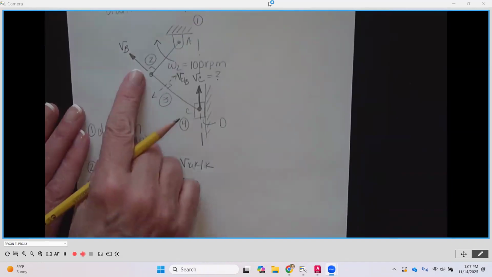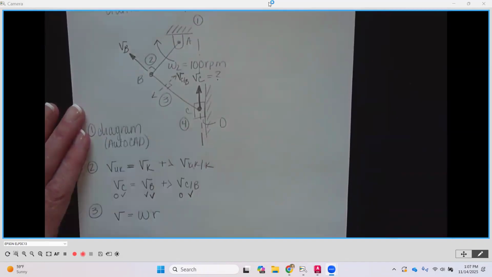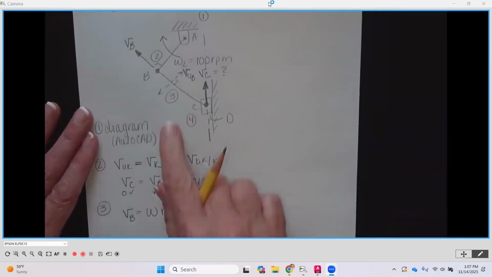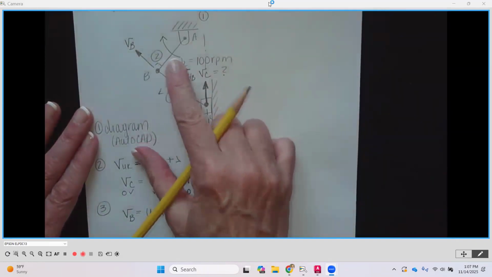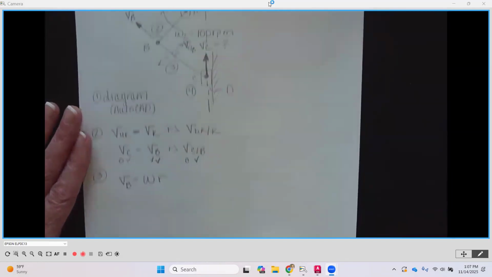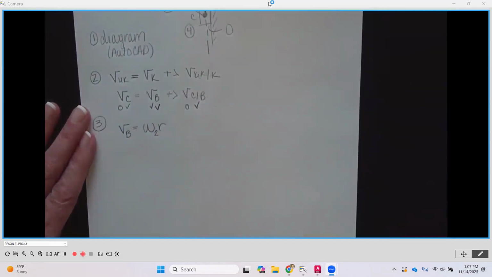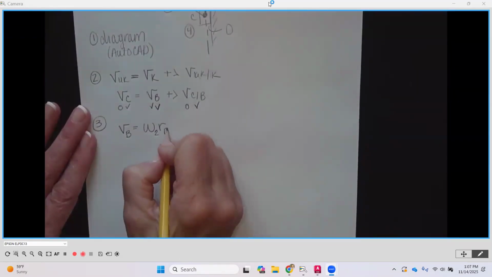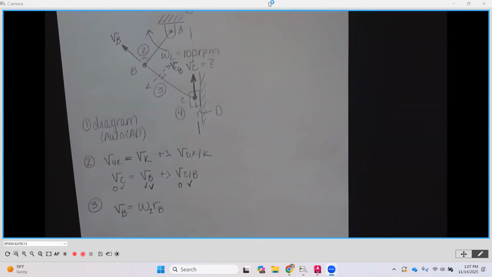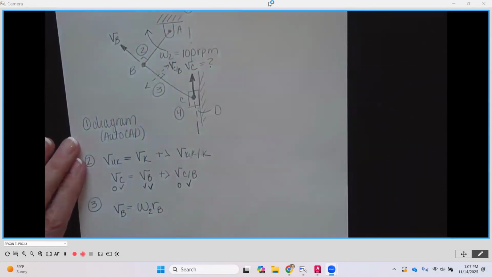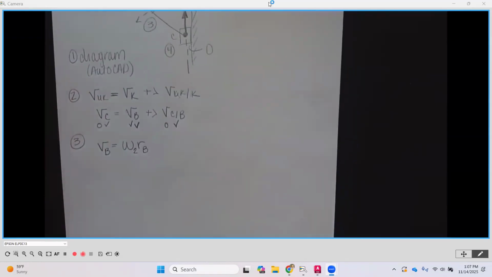Now we want to find the straight line velocity magnitude for point B. And since point B is at the end of link number 2, which we know the rotational speed for, this is going to be W2. And then the radius is going to be 2 point B. And that's going to be the radius from the center of rotation to B, which we know to be 0.75 from our problem.